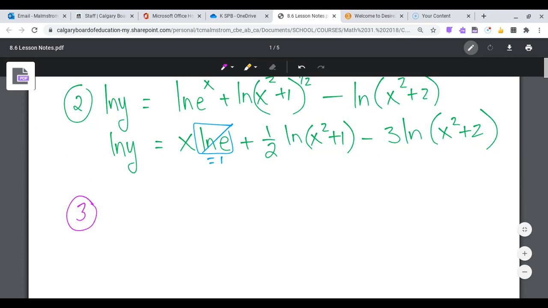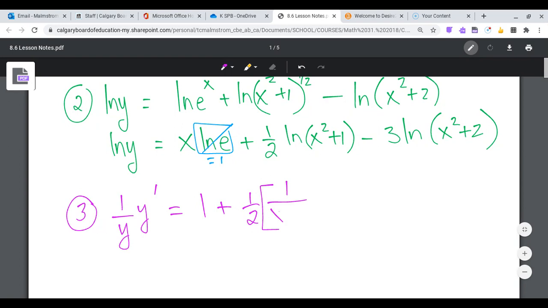So we are differentiating implicitly here. What is the derivative of ln of something? Ln u. It's 1 on u, so 1 on y, multiplied by the derivative of the argument. So that would be y prime. Is equal to the derivative of x is 1 plus, now we have 1/2 as a coefficient being multiplied to the derivative of ln of your argument.